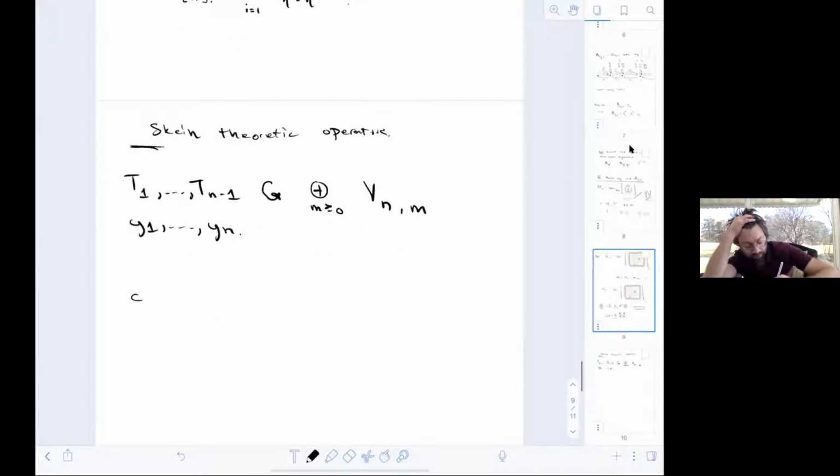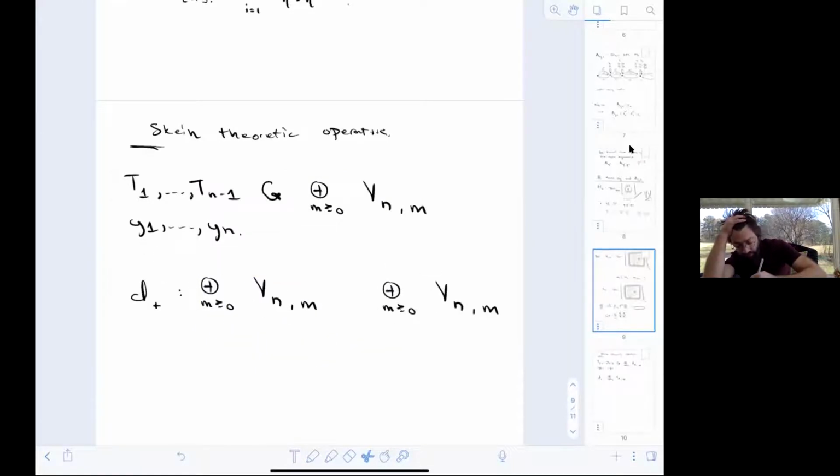And then we have the raising and lowering operators that either increase n or decrease n.